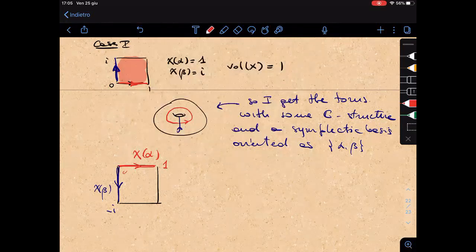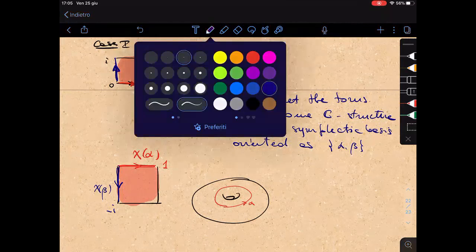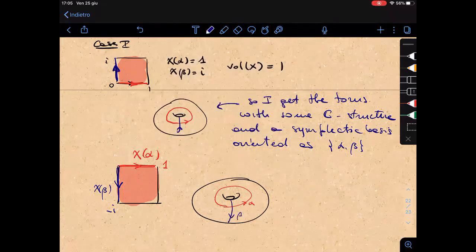If I look once again at the interior, when you have this square, you can still glue the opposite sides by using translation, because you can do this, but you can convince yourself that in the final torus, the angle generator alpha is consistent with the first one, but now the blue one runs the other way around. So this is negatively oriented.